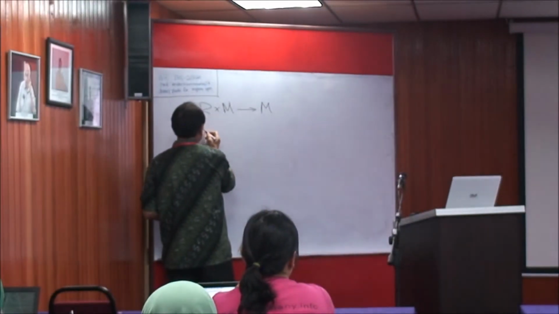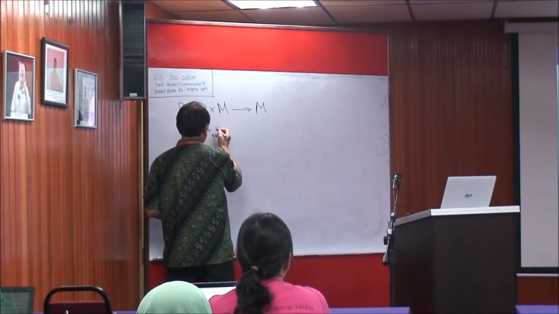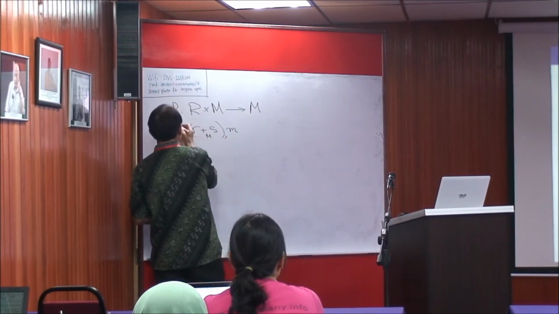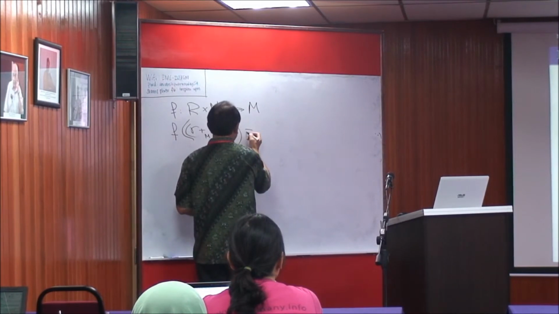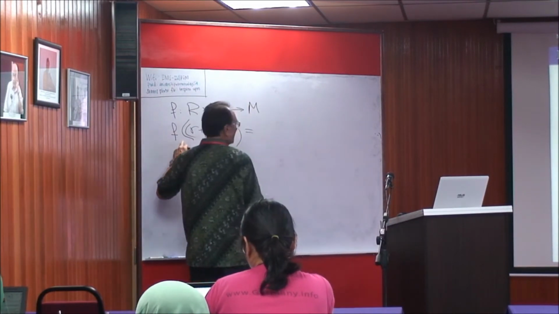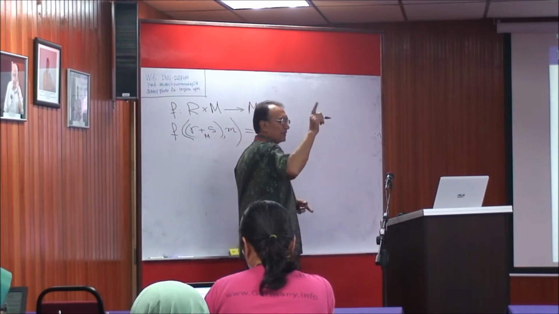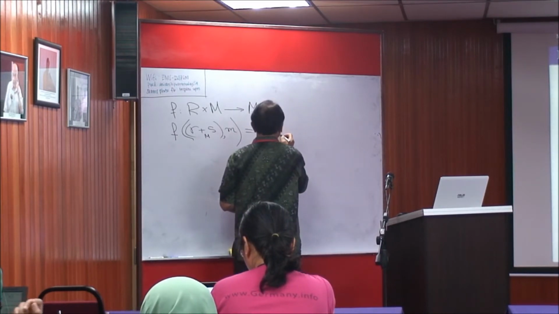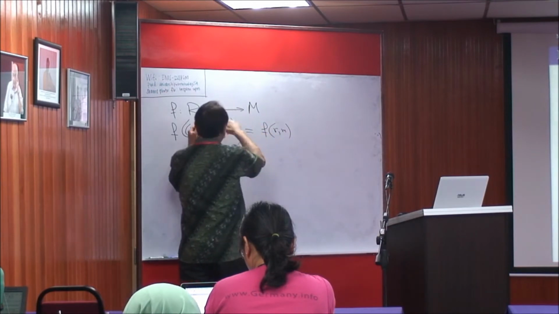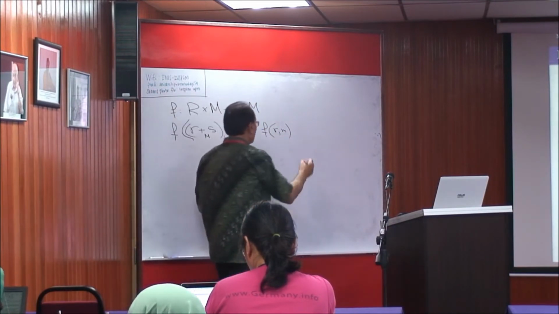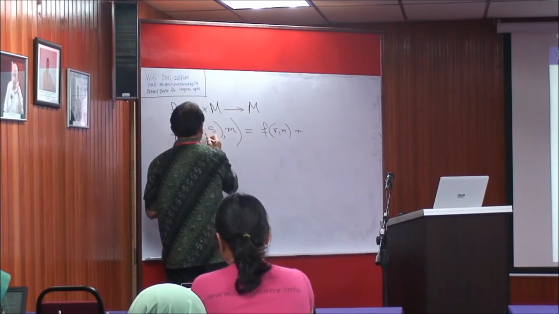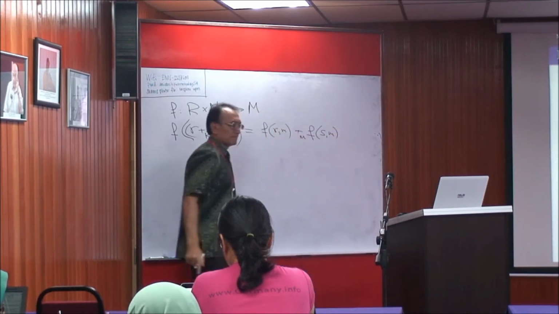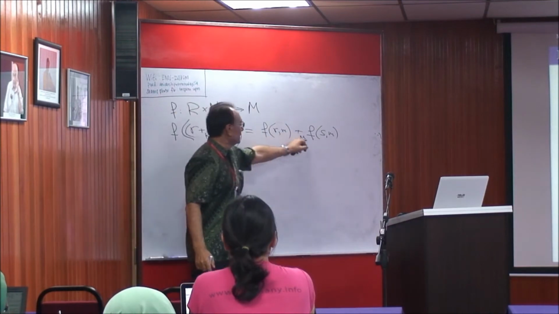Let me write it first: f((r + s), m) = f(r, m) + f(s, m). Here r and s are in R, and m is in M.